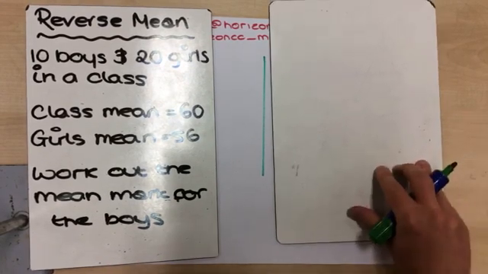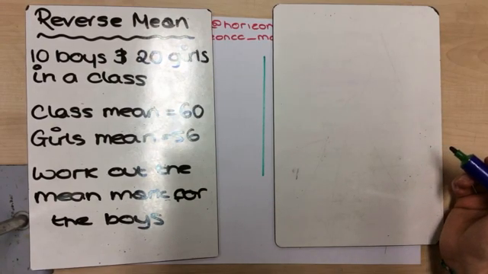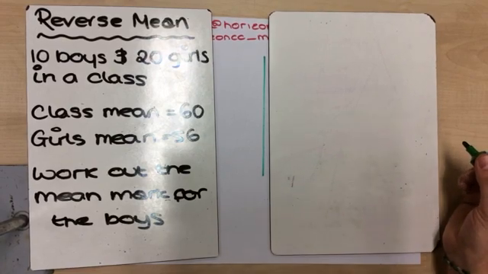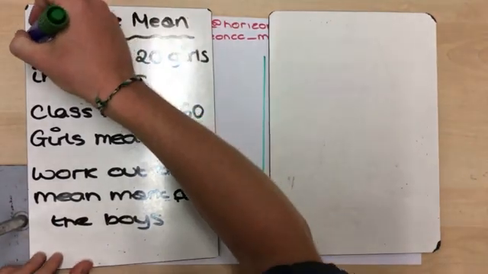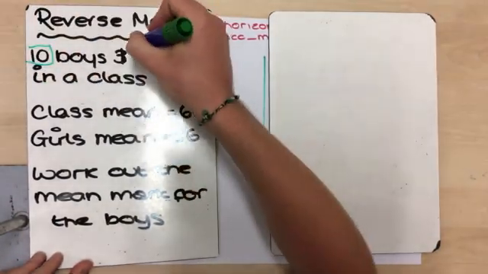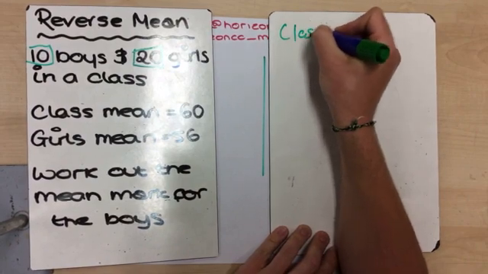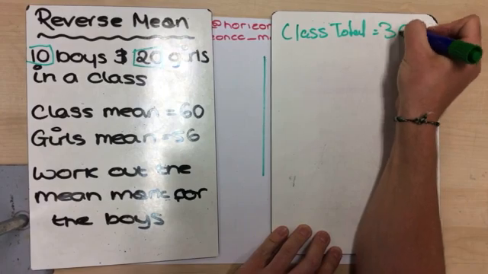Right, reverse mean. 10 boys and 20 girls in a class. The class mean is 60. The girls' mean is 56. Work out the mean mark for the boys. Quite a lot of information here. First thing I'm noticing is that I've got 10 boys and 20 girls. Therefore my class total is 30.